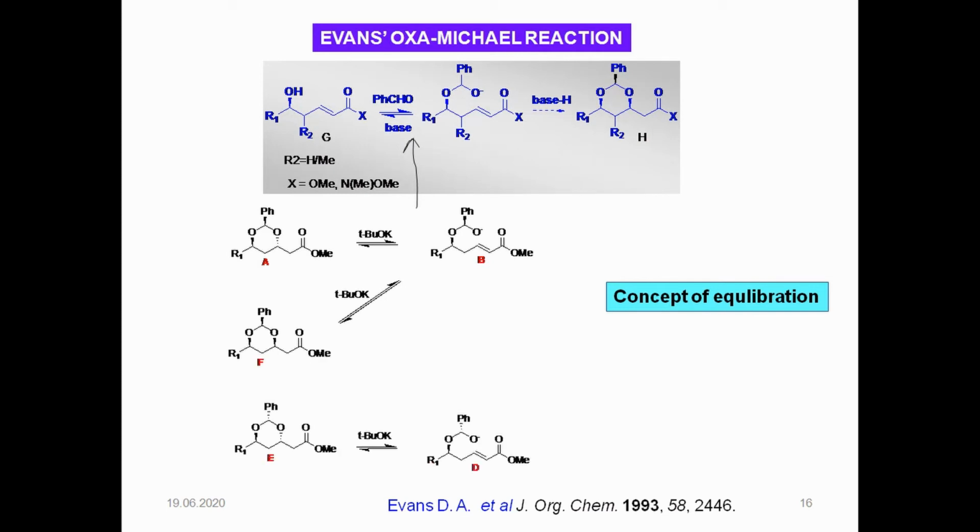See here, if you take a trans compound and treat with tertiary butoxide, first in the equilibrium the ring will open, and the 1,3 anti compound is also converted into 1,3 syn. This is because of equilibrium. So we are converting 1,3 anti into the 1,3 syn compound.